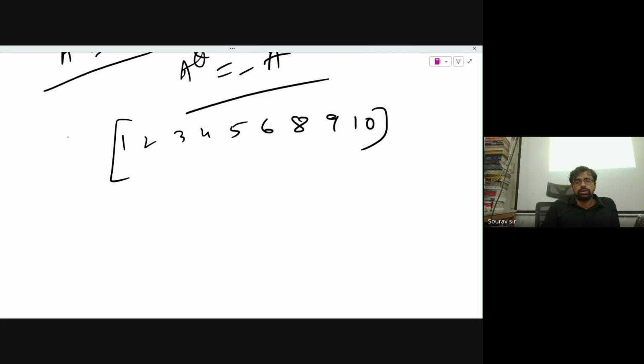How many rows are here? Column, sorry, row is 1, right?